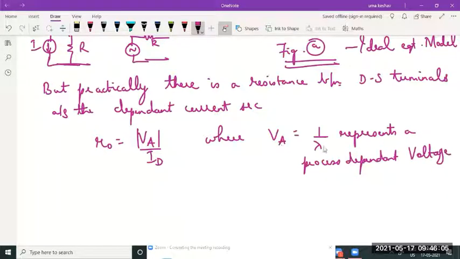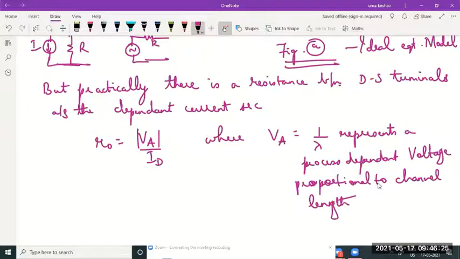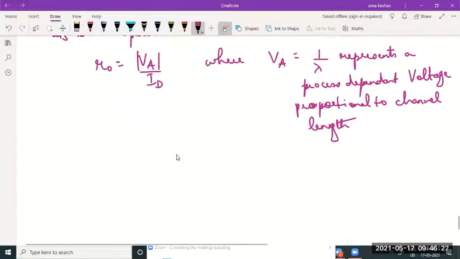So it's a manufacturing process dependent voltage, which is proportional to the length of the channel. I hope all of you remember what the channel in a MOSFET is. We did so much of introduction.